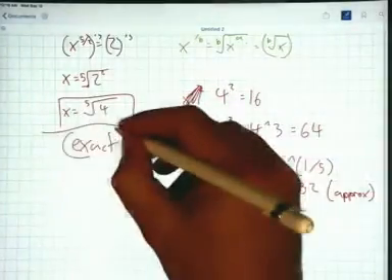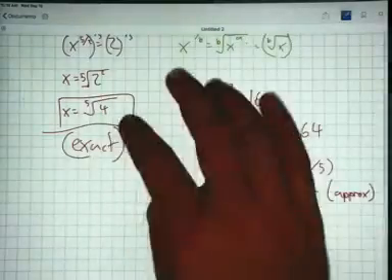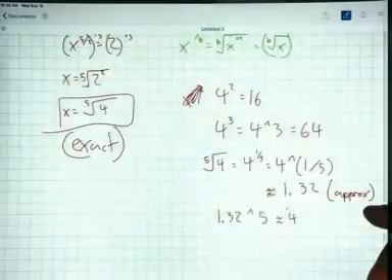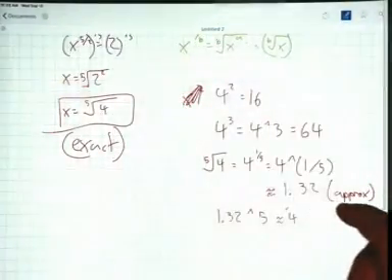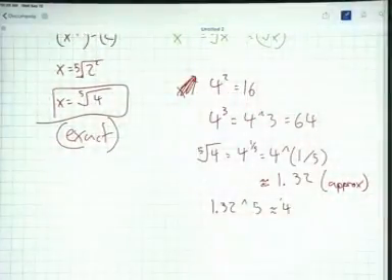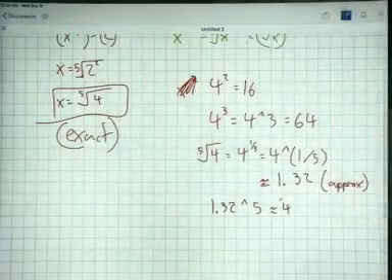I want exact answers. Because the numeric form of this is only approximated, it's called irrational, because the decimal numbers just keep going on and on forever and ever. I want the exact answer. Alright, does that answer your question on how to tackle that problem?